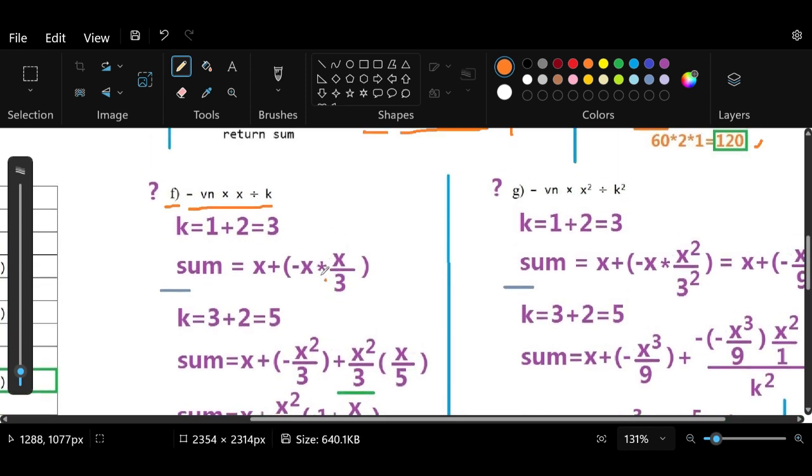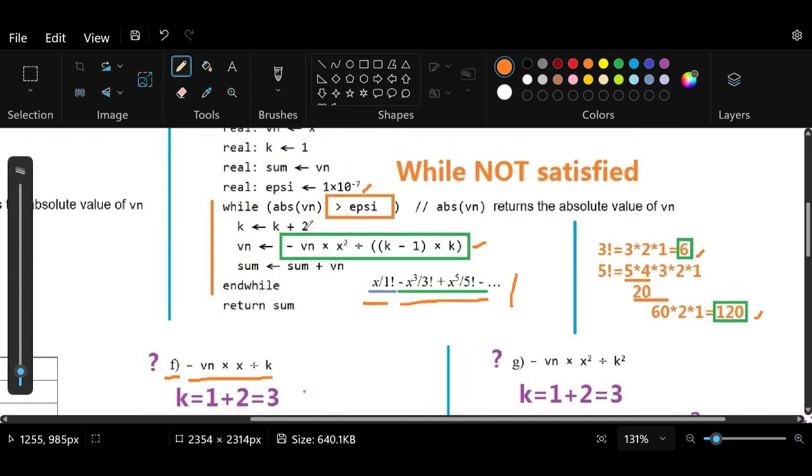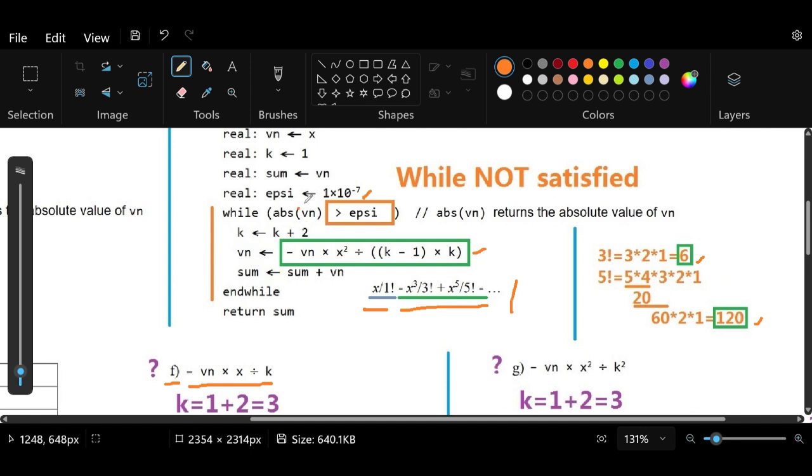Still, let's plug in the values. We need to know what K is, and the program says that to get K, what we need to do is do a plus 2. If the current value at the start is 1, then we need to do a plus 2.